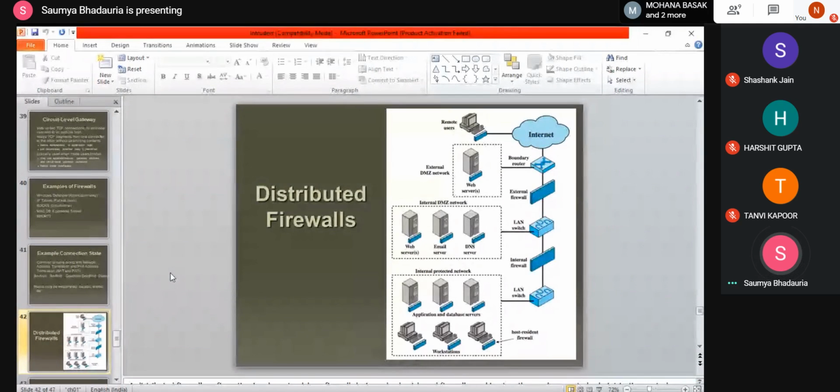Here you have an architecture which talks about distributing the firewall across an organization. There is a network referred to as the DMZ network, and you have a host-resident firewall present.